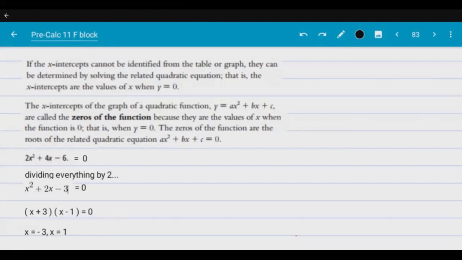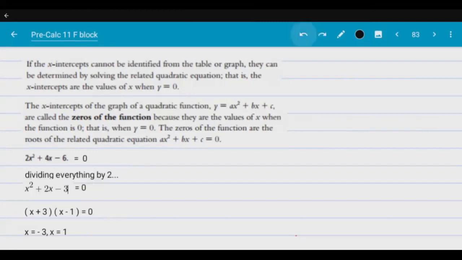An example would be the one that we just did in check your understanding number one, wherein y equals 2x squared plus 4x minus 6 was the function that we did. To figure out the x-intercept, we just had to make it equal to 0. And then by doing the algebra, we divide everything by 2, leaving us with this.